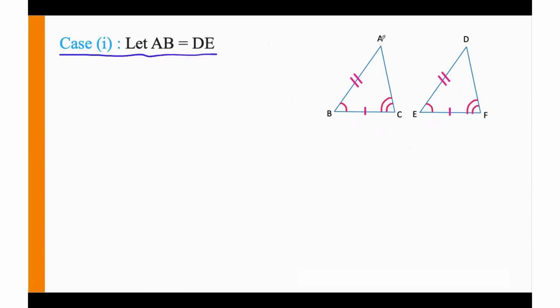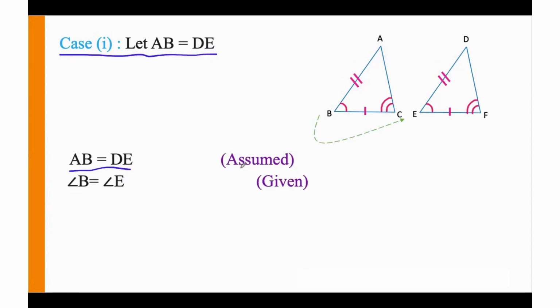Case 1, where AB is equal to DE. So we are assuming that AB is equal to DE. Then proving them congruent is very easy. Since we have assumed that AB is equal to DE, that is my first argument. Then angle B is equal to angle E, it's already given.